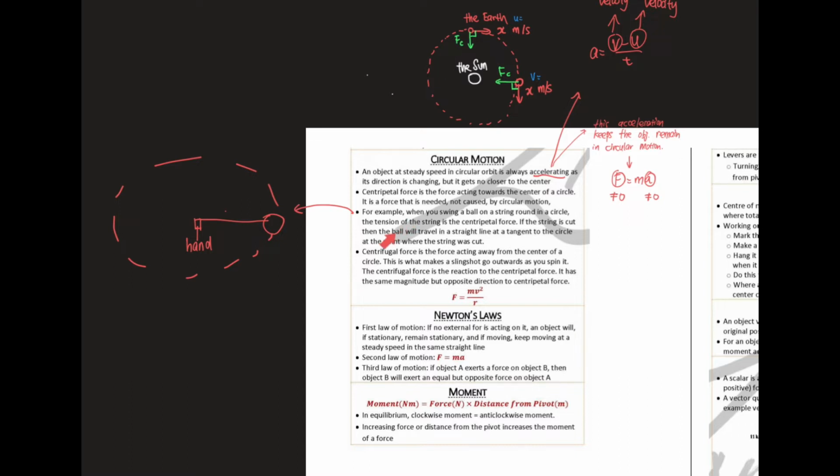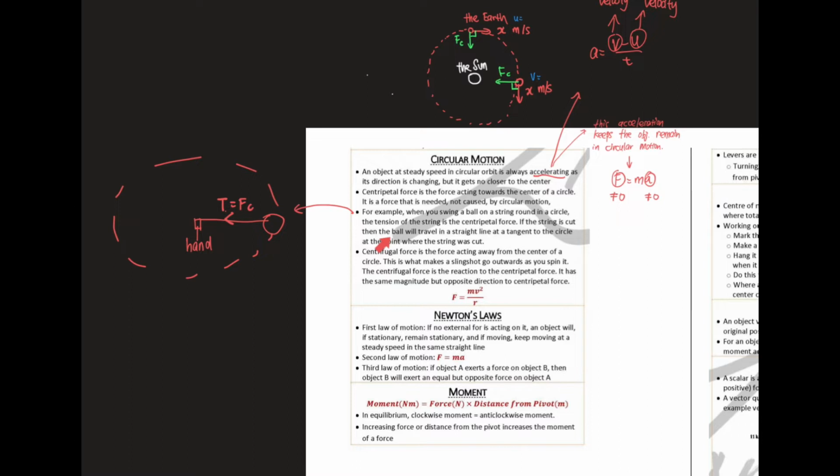So what happens is the tension of the string is the centripetal force. So this is the string. The tension of the string, which acts this way, is the centripetal force. So it acts towards the center of the circle.